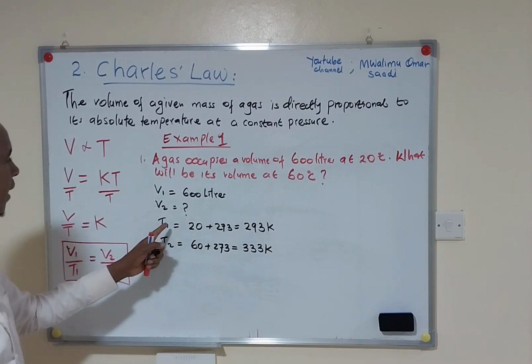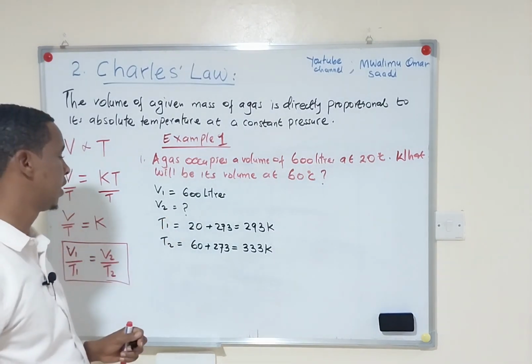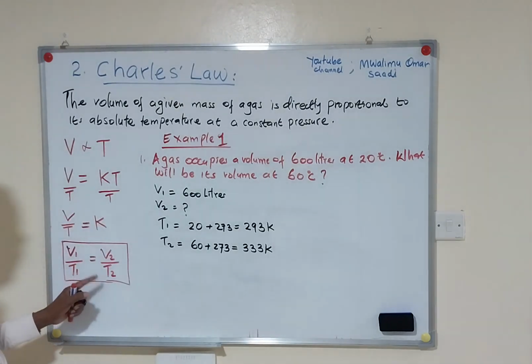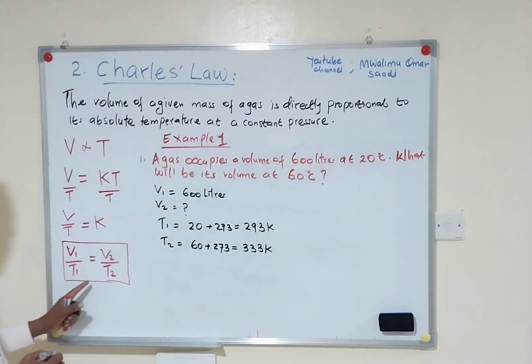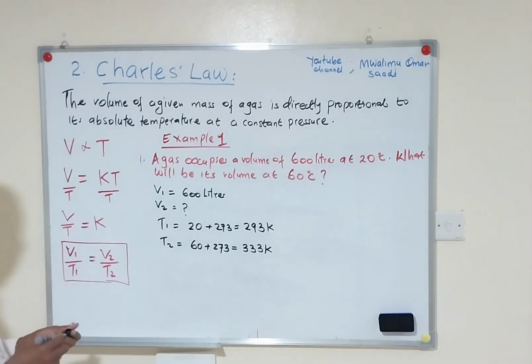So now we have our V1, T1, and T2, so we can easily calculate V2. We'll use our equation V1 over T1 is equal to V2 over T2.